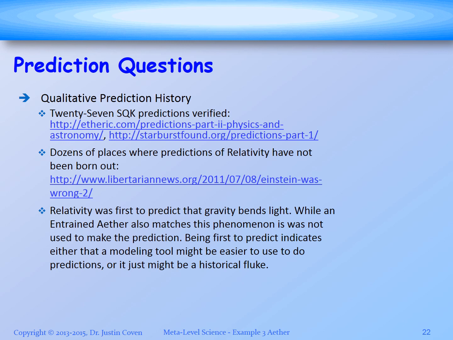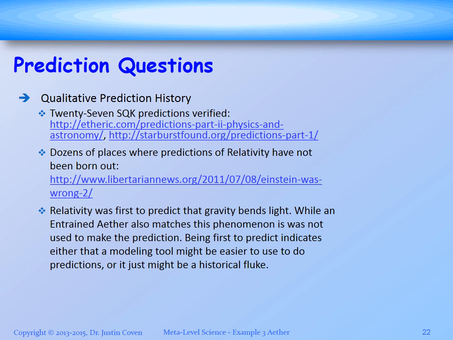There have been 27 subquantum kinetic predictions that have been verified. There are dozens of places where predictions of relativity have not been borne out. Relativity was first to predict that gravity bends light, while an entrained aether also matches this phenomenon.